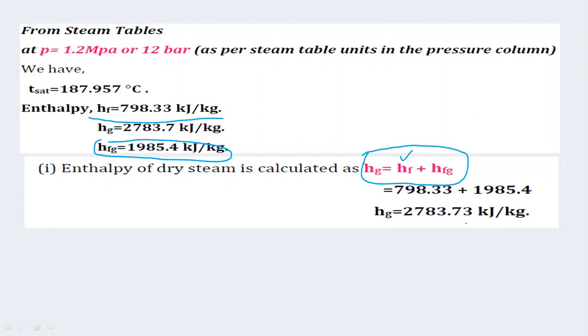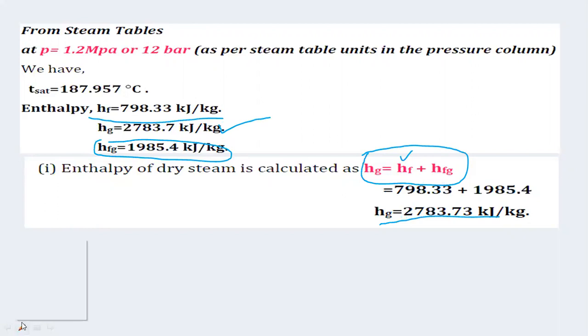This is when the steam is purely dry, that is 100% dry. Even in the steam tables, the column which you write Hg is nothing but the value for 100% steam itself. So you can solve using this equation, or if it is a dry steam, directly take this value. Both are the same. You can cross check here: this value and this value are the same. This is for a dry steam.